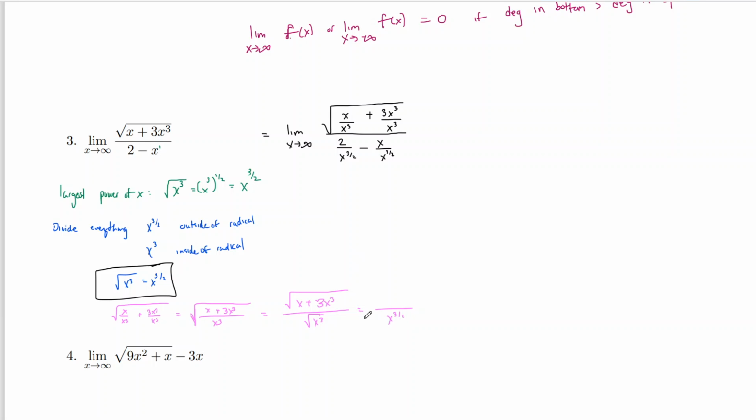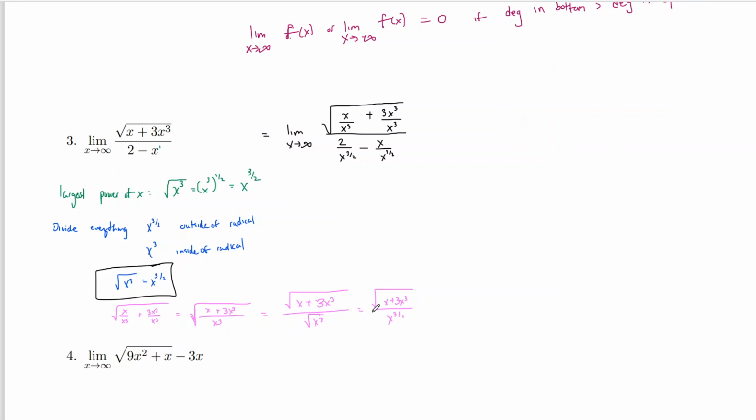So really what we're doing here is we're actually dividing the entire radical by x to the 3/2, which is the same thing as dividing each part. But I wanted to go ahead and shove it in. And when we shove it in and break it up into each part, that's where the x cubed is coming from. But in general, when we deal with radicals, I'm going to do it directly like this.